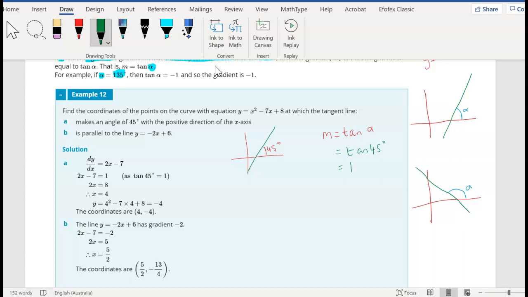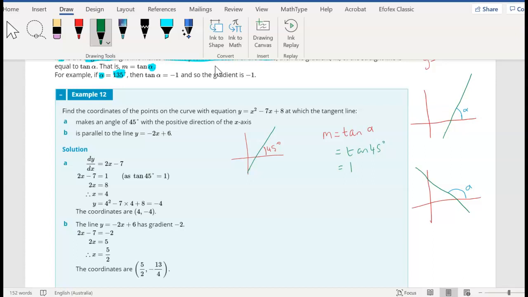Okay, so I know my gradient is equal to 1. Now we need to find the coordinates of the points on the curve at which the tangent line has this gradient. So basically they're working backwards. We're not given a point and we have to find the gradient. We're using the gradient to find the point.